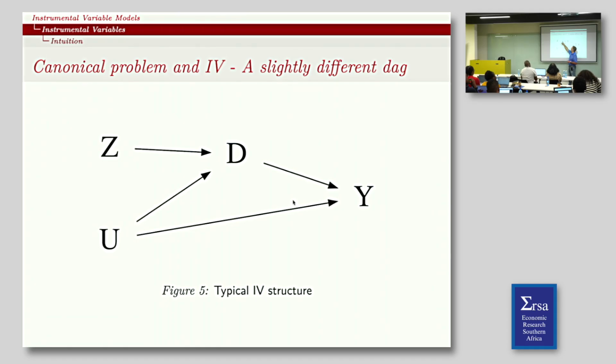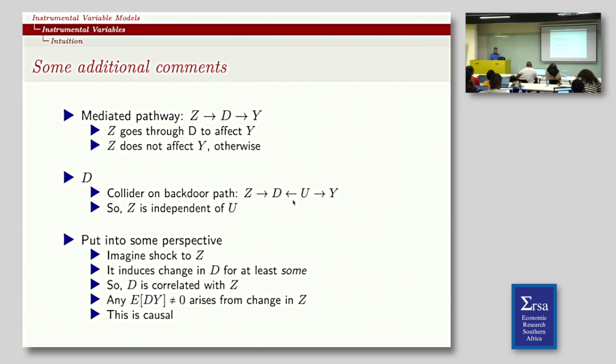Okay, so because z influences d and d influences y, I can estimate what I care about and fix this problem. Okay? I don't have u, I don't have something that tries to replace u. I just essentially go through it. All right? Hopefully this becomes a little clearer.